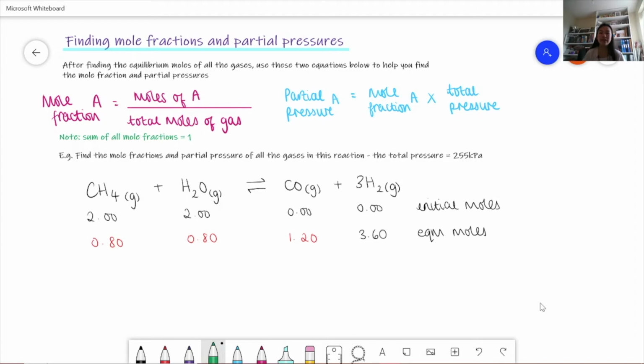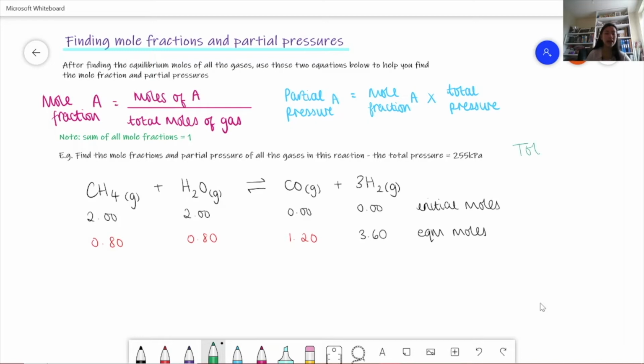So now we're going to move on to this example. Find the mole fractions and partial pressures of all the gases in this reaction, and the total pressure is given to us as 255 kilopascals. So the first thing we do is work out the mole fractions. And for example, the mole fraction of CH4 would be the moles of CH4 divided by the total moles of gas. And so because we have all the equilibrium moles here, we can actually find out the total moles of gas by adding them all up together.